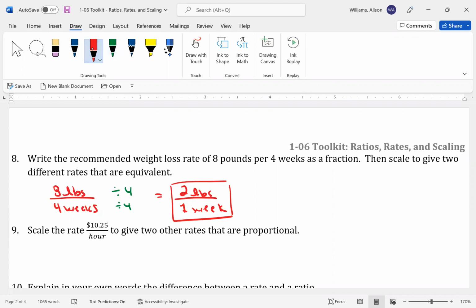Let's say I take that 8 pounds and 4 weeks, and this time I multiply instead of divide. Let's say I multiply it by 2. So that would be 16 pounds in 8 weeks.